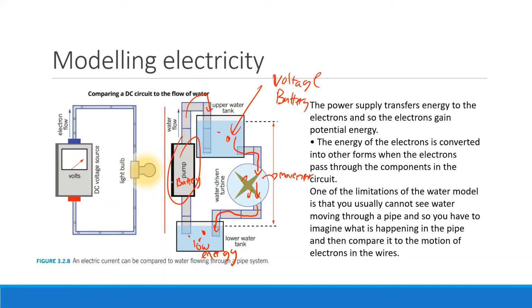Because now what we're going to do is compare this side here to this side here. So what a DC voltage source or a battery does in this situation is move the electrons from down here, where there are roughly equal electrons, to up here.